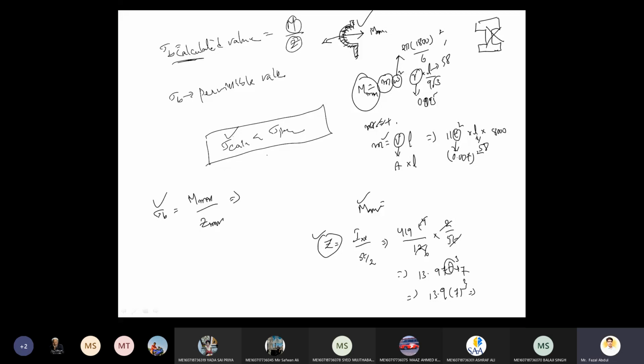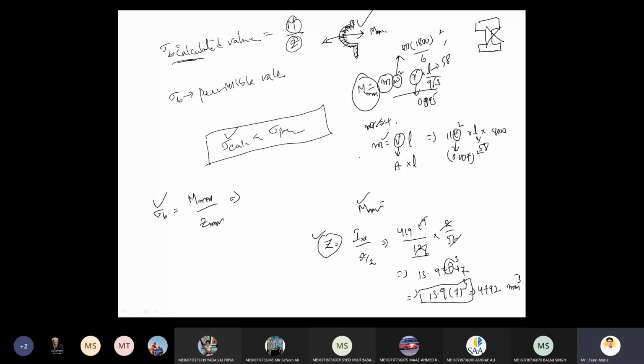Tell me the value of how much we are getting. Substitute in these equations whatever here I written on the screen, and tell me the m value and z value. 13.97 into 7 into 7 into 7. 4792 mm power cube.